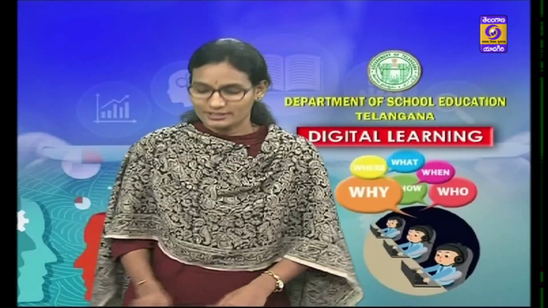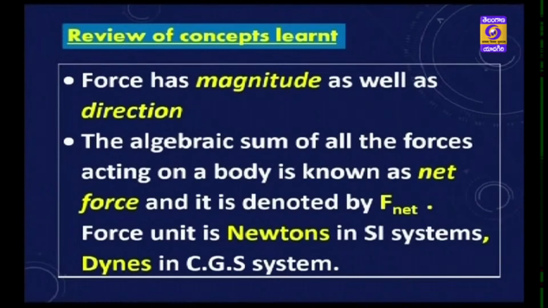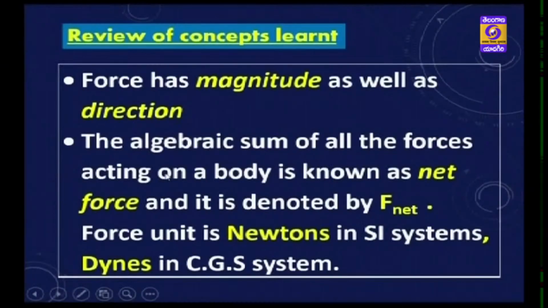Okay, children, in this session we discussed force, effects of force, the net force and the pressure. Let's take a glance at the review of concepts we learned. Force has a magnitude as well as direction. The algebraic sum of all the forces acting on a body is known as net force, and it is denoted by F net.